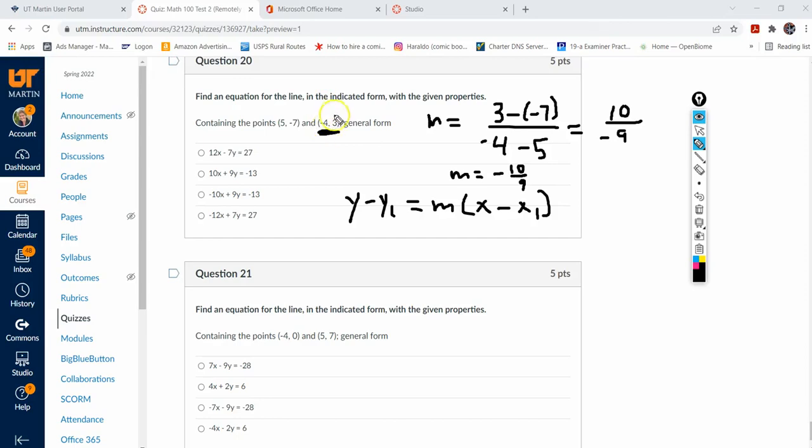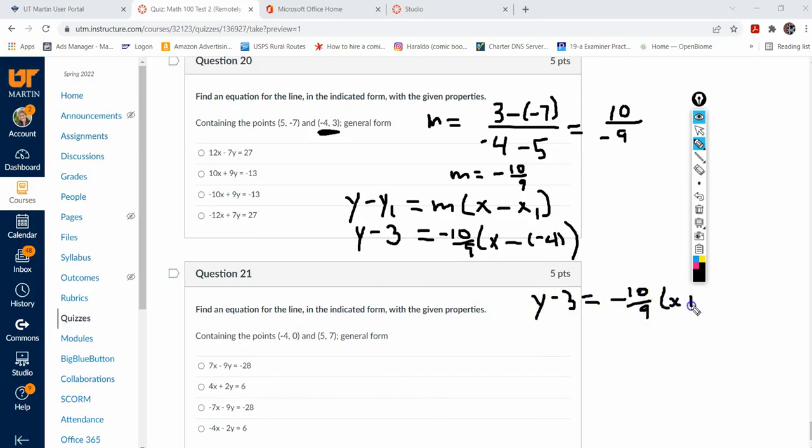So this is going to be x1 and y1. So this becomes y minus y1 is equal to the slope, which is negative 10/9, times x minus x1, minus negative 4. So I'm going to have y minus 3 equals negative 10/9 times x plus 4.